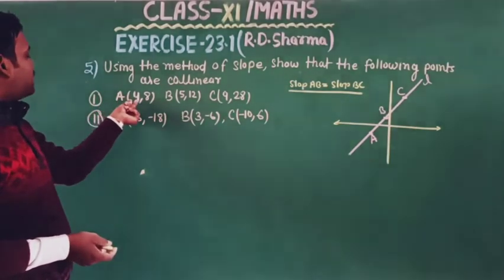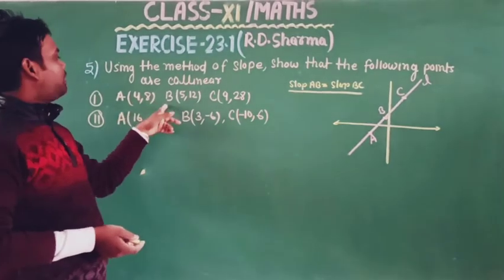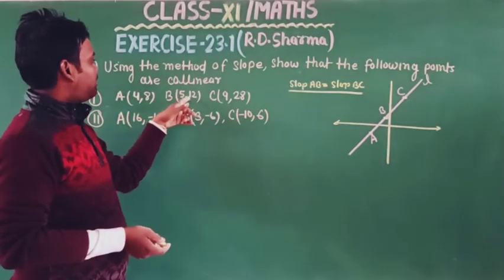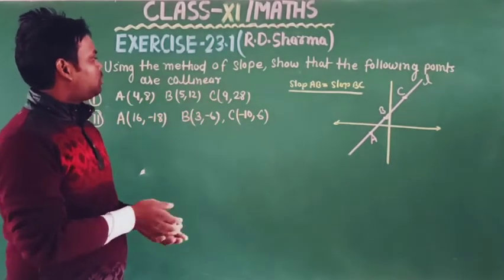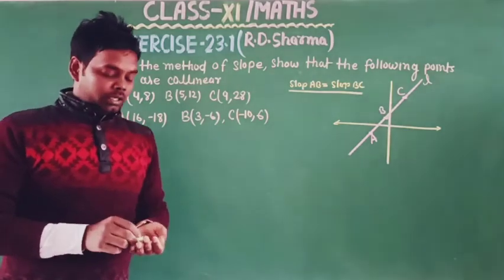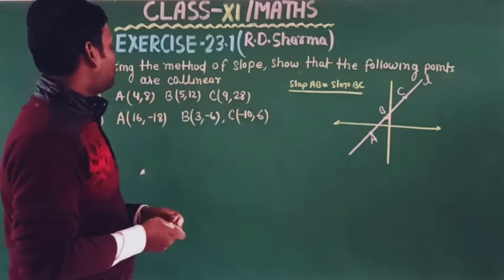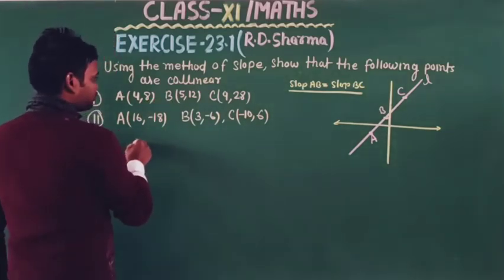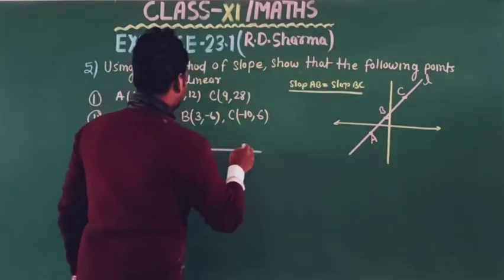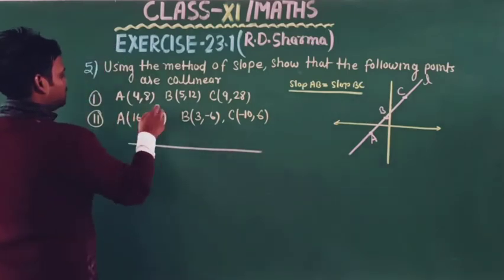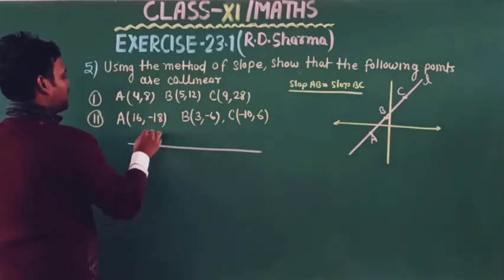In the first part we have given point A whose coordinate is (4, 8), point B whose coordinate is (5, 12), and C is (9, 28). So we have to show these 3 points are collinear, which means these 3 points lie on the same line.